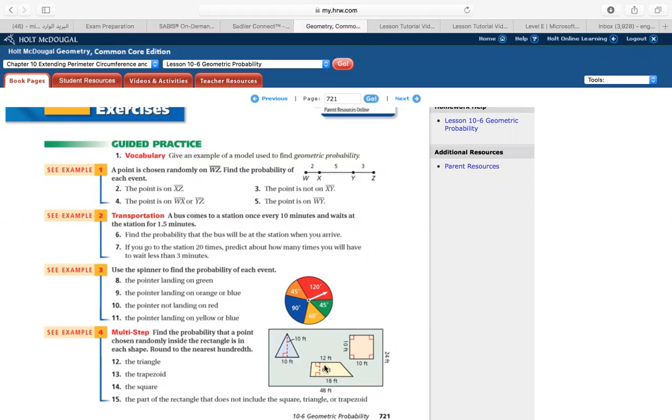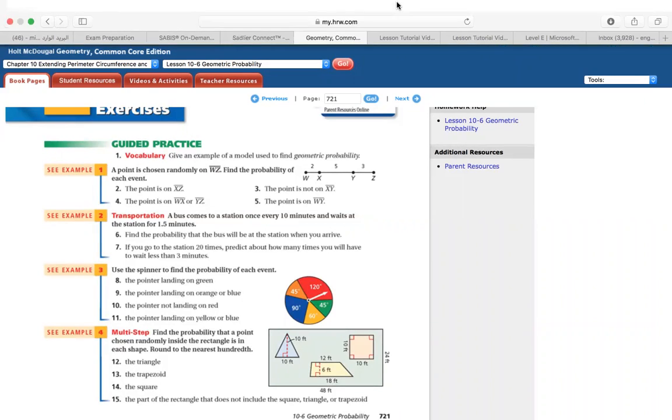Then the trapezoid. The trapezoid is here, all its sides are given. Then the square here, all its sides are given also. The square has all its sides equal in length. For the part of the rectangle that doesn't include the square, the triangle, and the trapezoid, what am I going to do here?